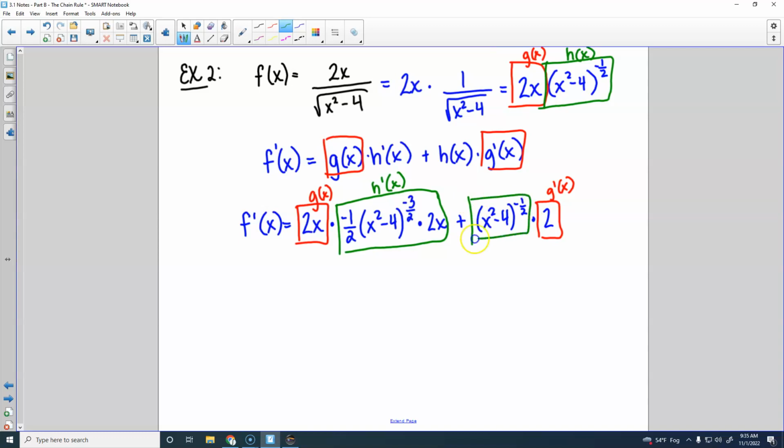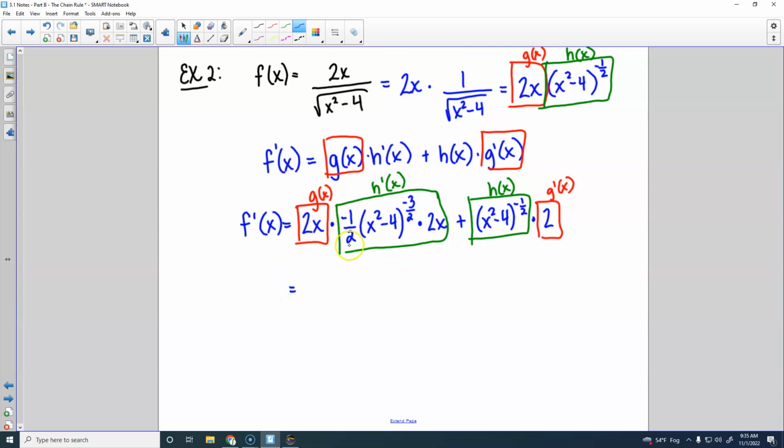And then this was just h of x. Okay, questions? Right here, technically, you're done. You've taken the derivative, but it's unlikely that you're going to be able to leave it like this in most cases. So we want to clean it up a little bit first.